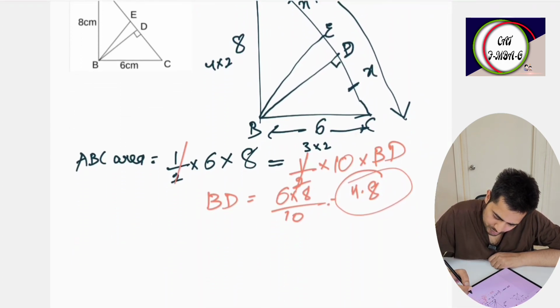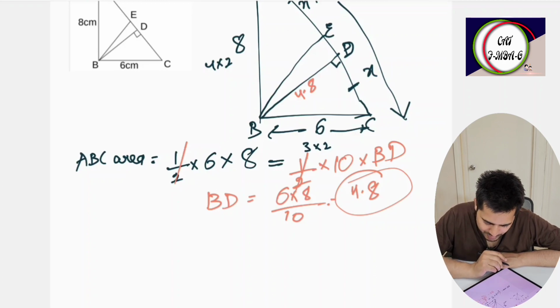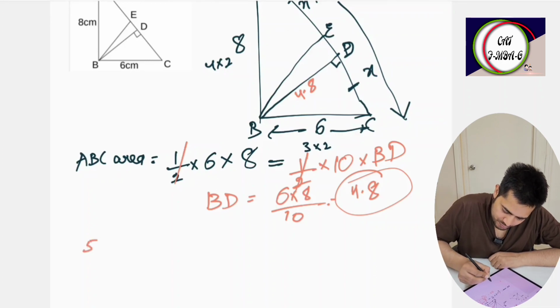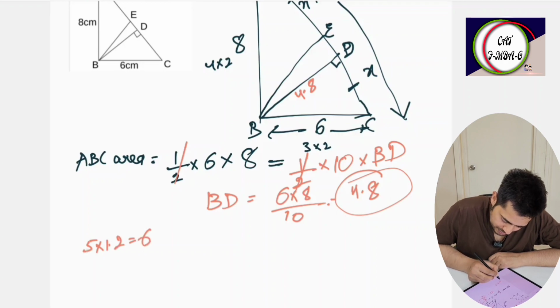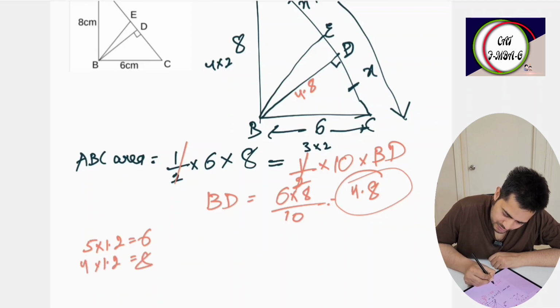We have to find DE. So BD is 4.8, and we have to find x. So can we use the 3 4 5 triplet in x? Yeah, 5 into 1.2 is equal to 6, and 4 into 1.2 is equal to 8.